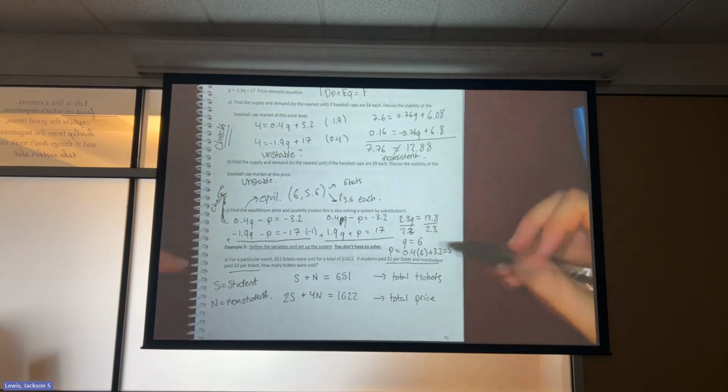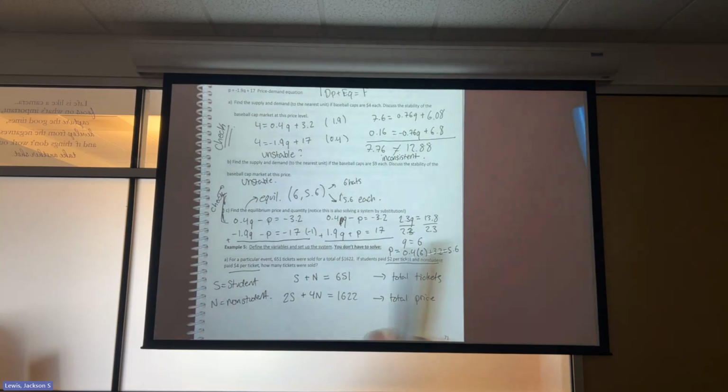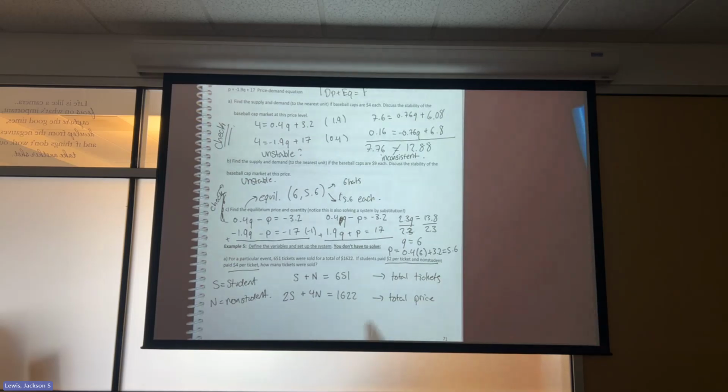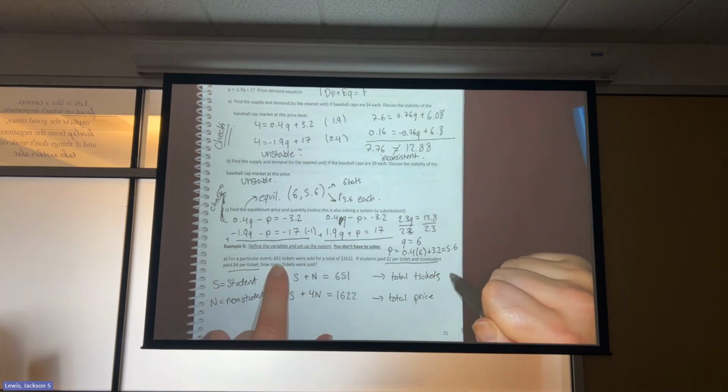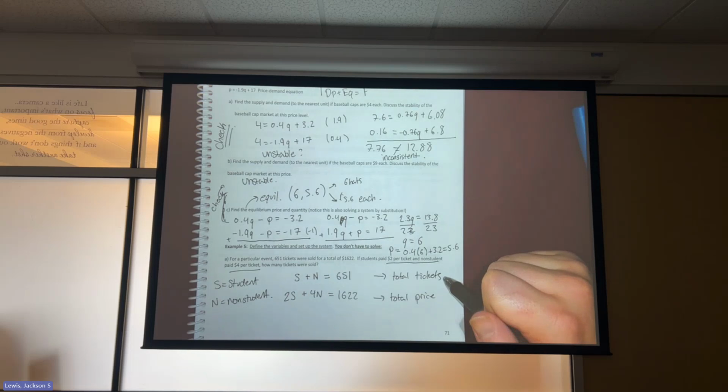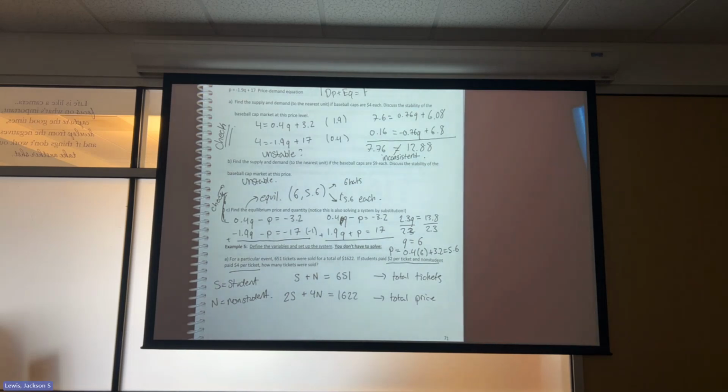So again, if I'm given this information, I'm told how many total tickets were sold and what the price of those was, given the price of each individual ticket, then I can set up this system of equations and from here determine how many students attended and how many non-students attended. There's 651 tickets sold. I know that has to be the sum of student and non-student. There's no other way, right?